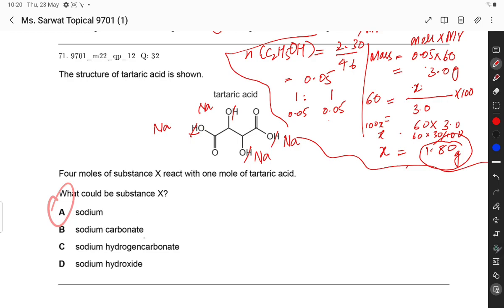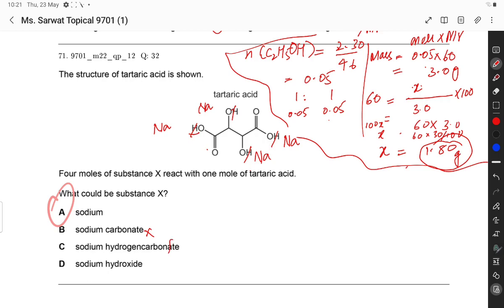For option B, sodium carbonate reacts with the carboxylic acid but cannot react with alcohol. So 2 moles of sodium carbonate is required, so that's why it is incorrect. Similarly, sodium hydrogen carbonate also reacts with carboxylic acid. 2 moles of sodium hydrogen carbonate are required, but it cannot react with alcohol.